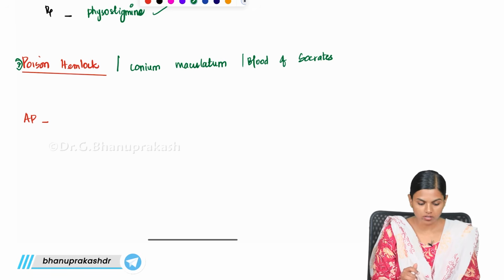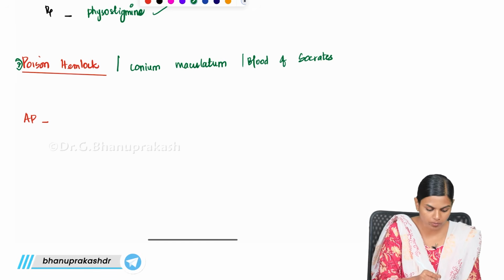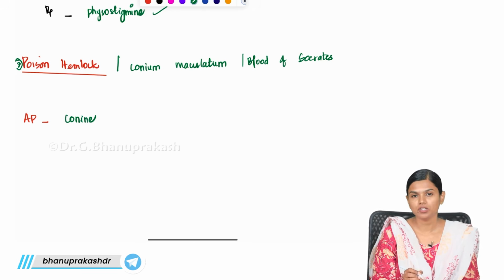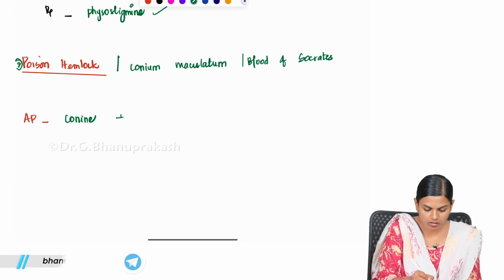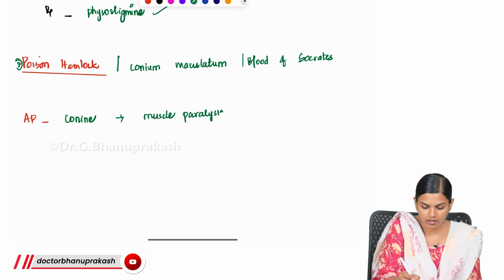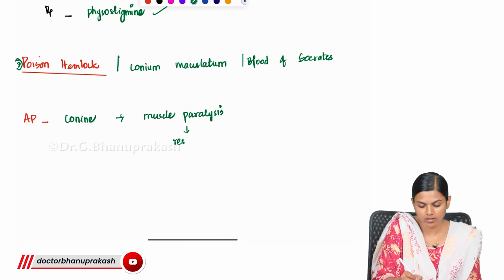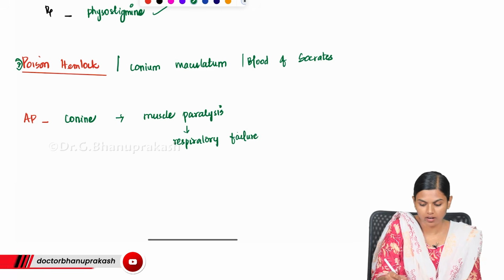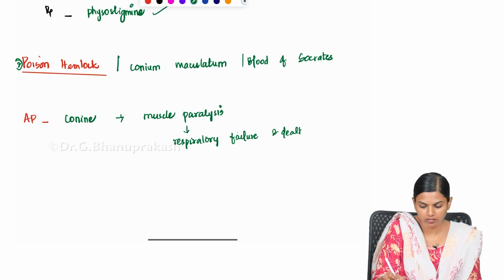It has an active principle, coniine, which causes muscle paralysis and eventually respiratory failure and death.